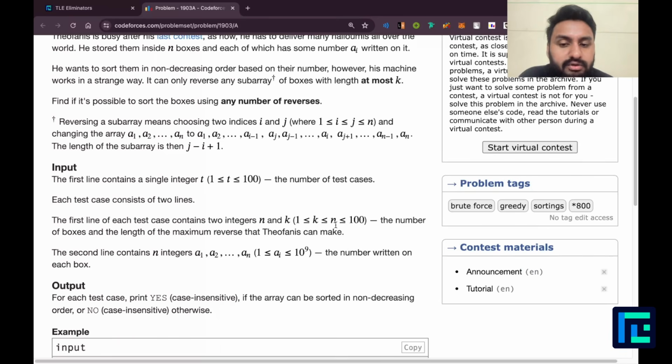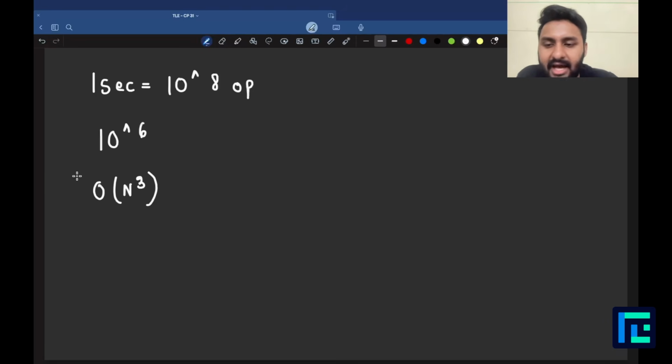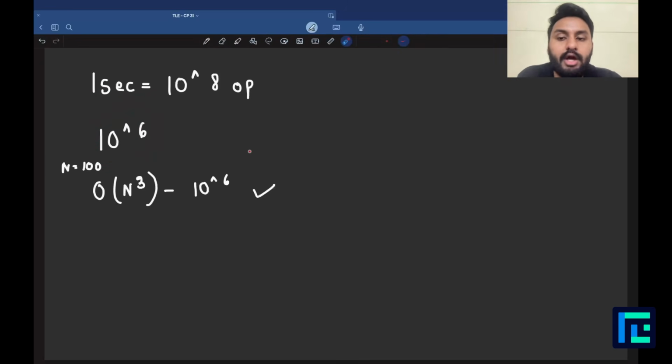So n and k are both on the order of 100, which is very small. So if you create a solution, it can definitely run in maybe O(n^3). Yes, it can run, because if n is on the order of 100, then O(n^3) will be on the order of 10^6, which definitely satisfies my condition, since I am allowed to do this many total operations, or go up to this complexity, per test case.